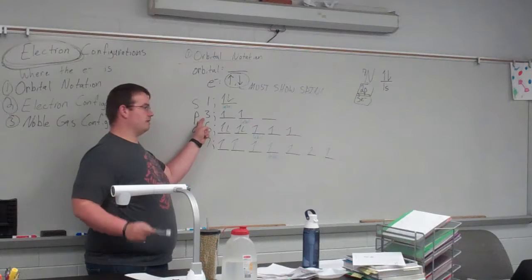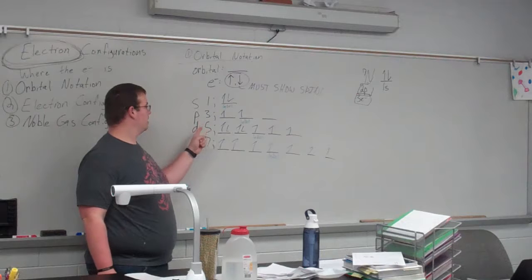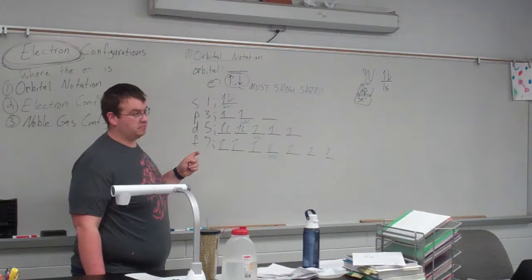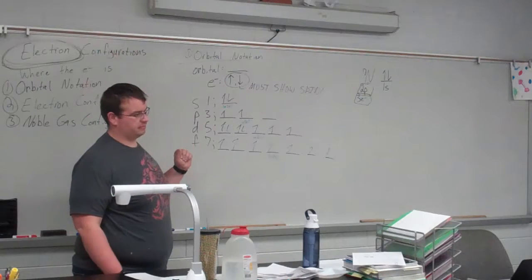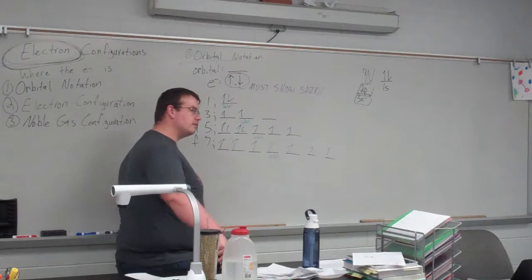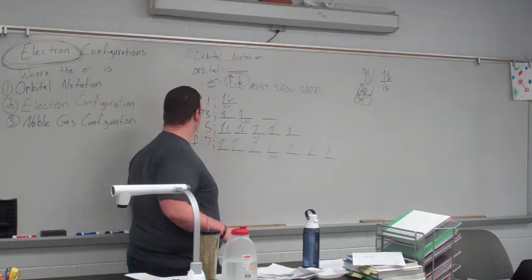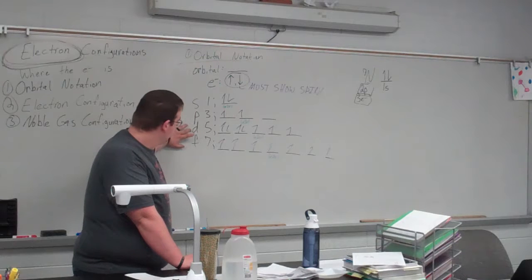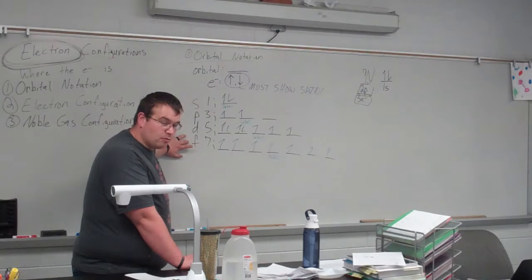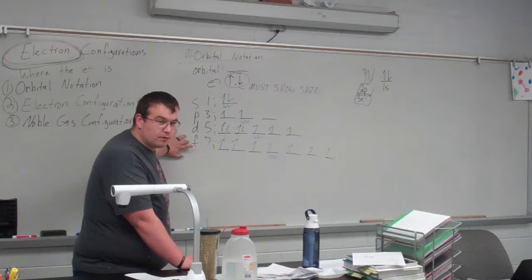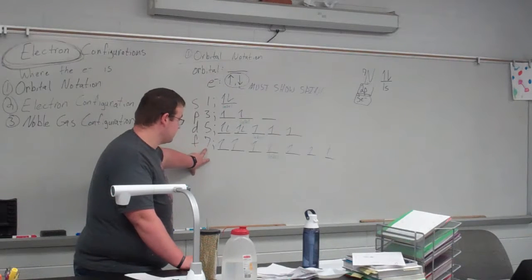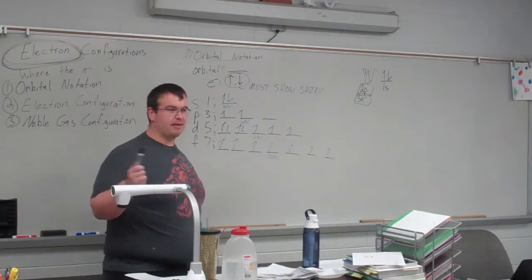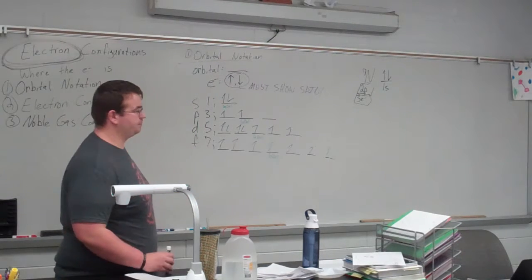How many of these are there? 3. How many columns for a D block? 5. Columns? Columns. 10. How many orientations does it get? How about how many columns for the F? 14. How many orientations does it get? You can always take the number of columns, divide it by 2, and get your orientations.